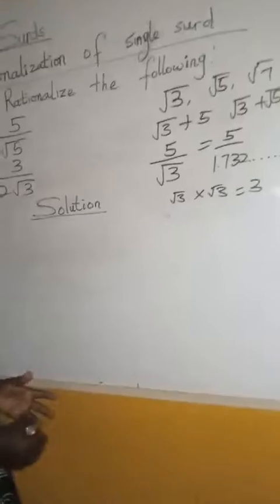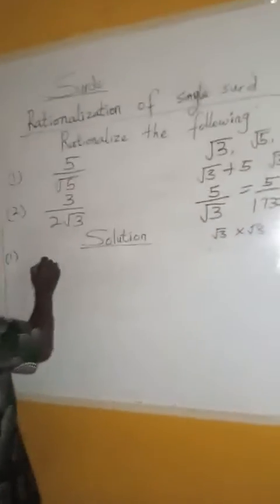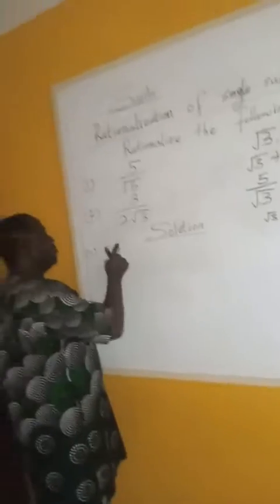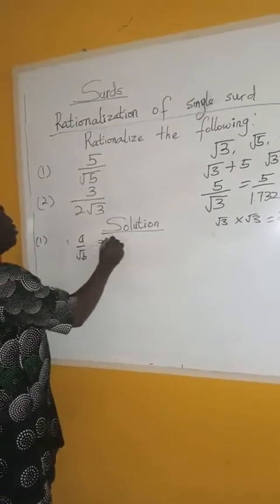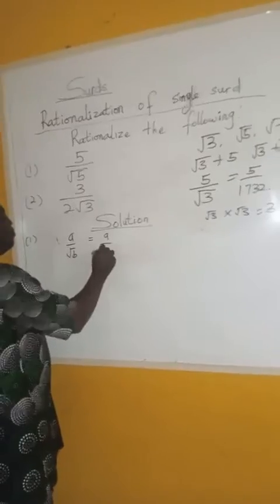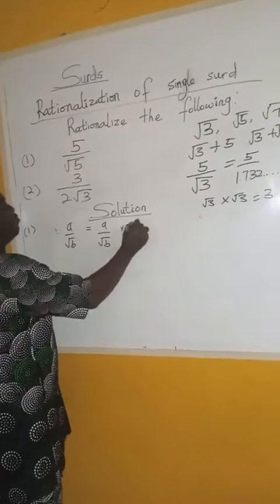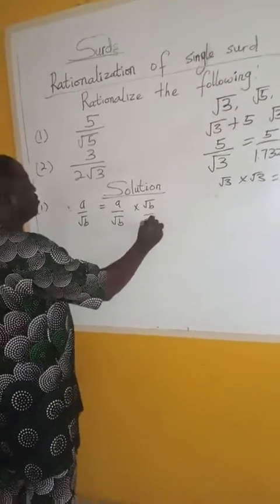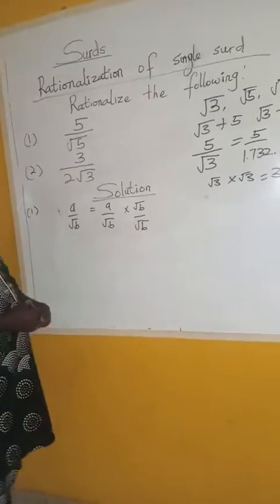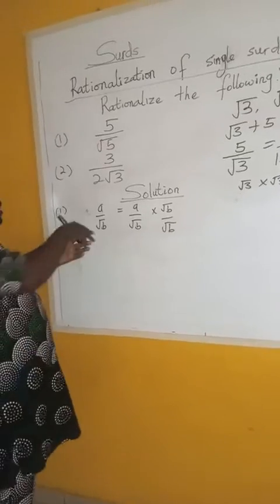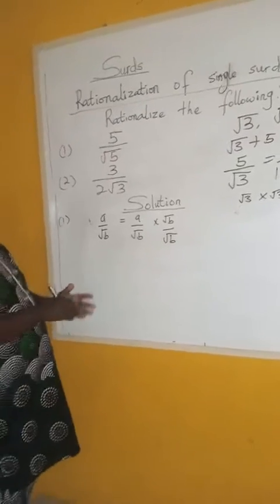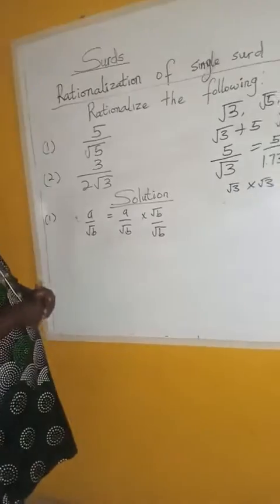So now, generally, a over root b is equal to a over root b times root b over root b. Don't forget I said when the denominator is a surd, we have to multiply it by itself so as to change it to a rational number.